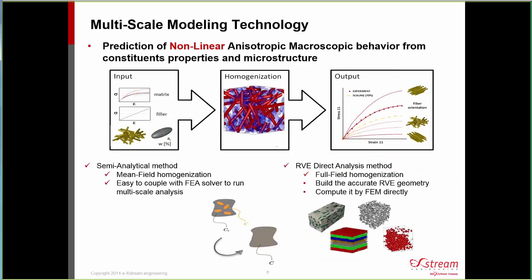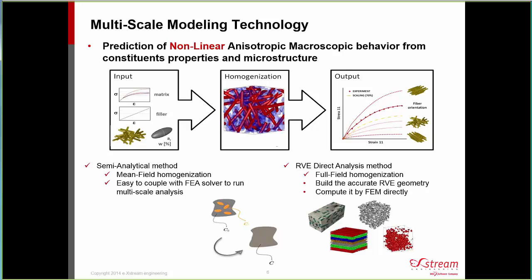The principle of the multi-scale material modeling technology embedded in Digimat is to work with the constituent properties of the materials and the microstructure organization. These are the inputs of the material model we are creating.